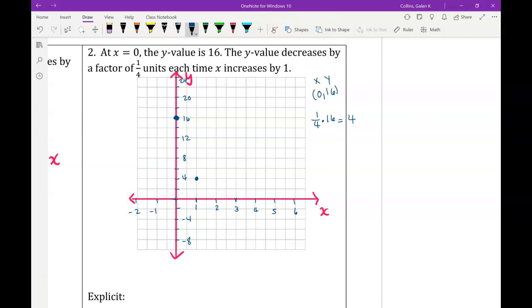So then what if I make another move? What's 1/4 of 4? That's the same as 4 divided by 4. I'm going to get 1. So as I move over 1 more, remember my y-axis is counting by 2's. You could totally label yours differently. That was just a personal choice I made. And then for my next point, I would get 1/4 times 1, which is just 1/4.